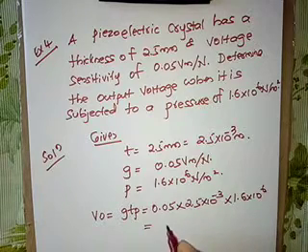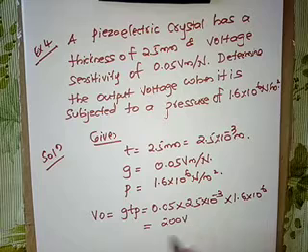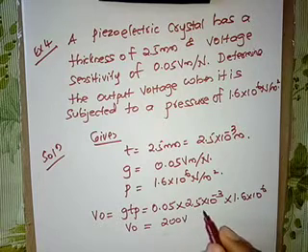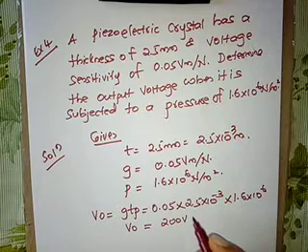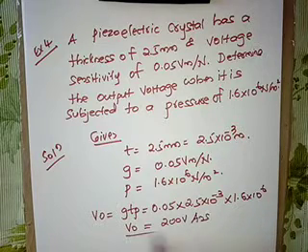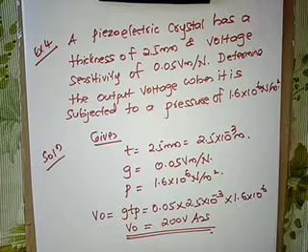So the solution comes out to 200 volts. So the value of output voltage developed of the piezoelectric crystal is 200 volts. Right? So this is our answer. Fine, students.